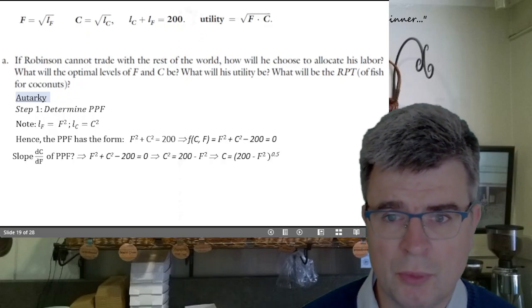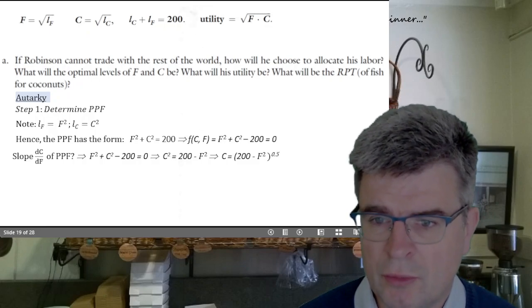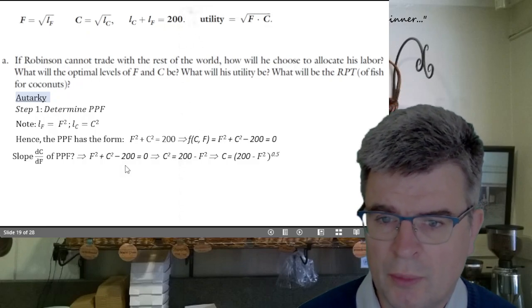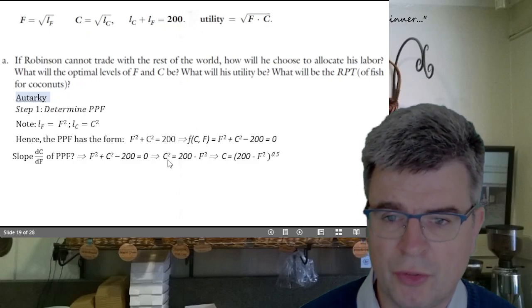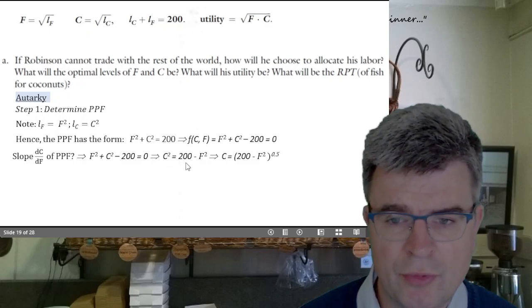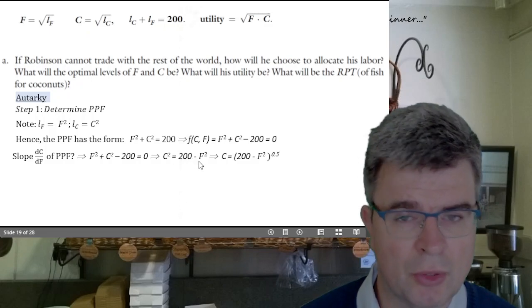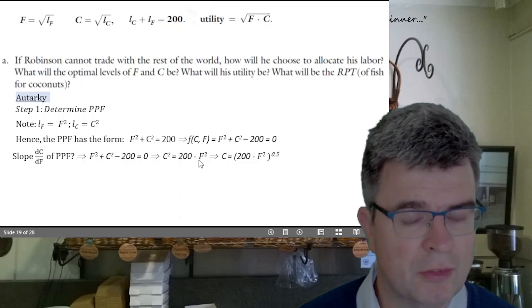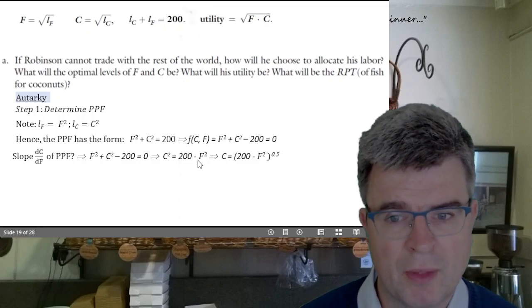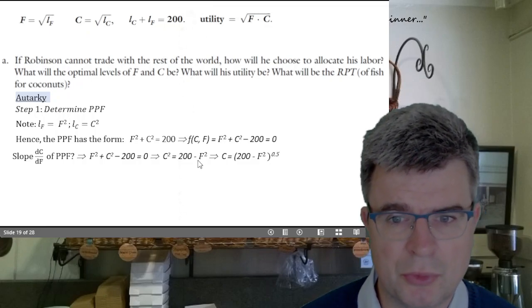And then we need to compute the slope of the frontier. So we can rewrite this frontier as a function of f. So the production of coconuts follows from our choice of the production of fish. It's actually the amount of time that is remaining to produce coconuts.